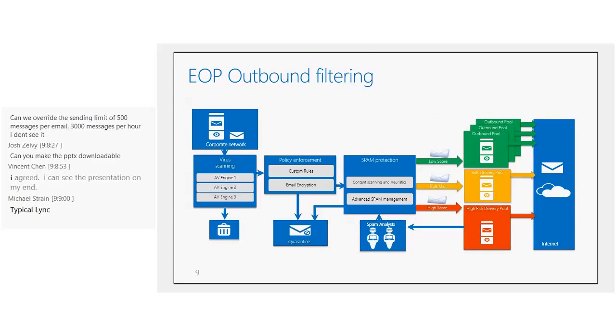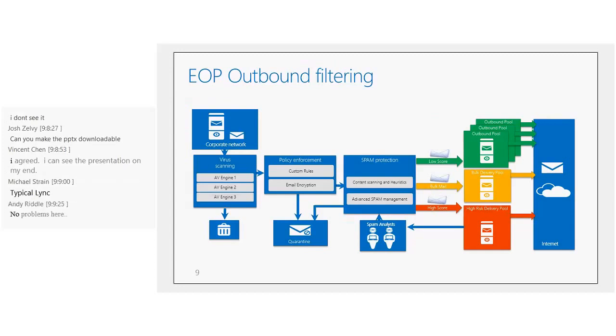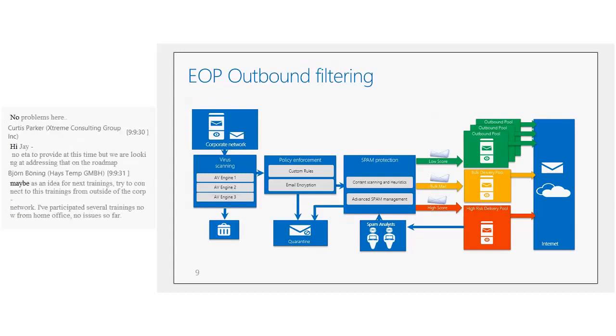The next step, again, is to move through the policy enforcement, which is where those custom rules will be applied. If you have applied things like, hey, my messages, if they are sent externally, should be encrypted, they will get encrypted, and all those things will come into the picture. And then from there, it will go through the spam protection, which is where we will apply some of the heuristic techniques that we have, and advanced spam management for outbound spam.